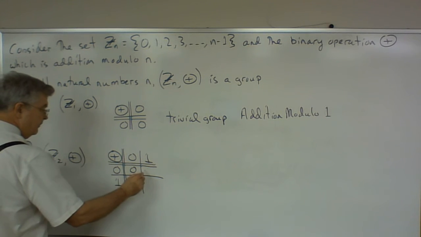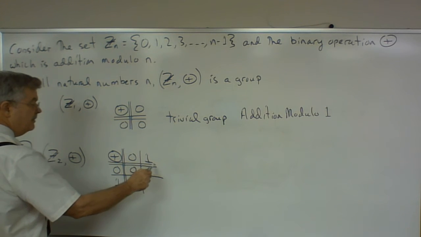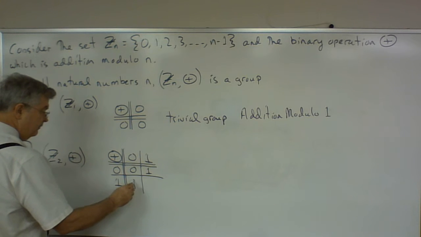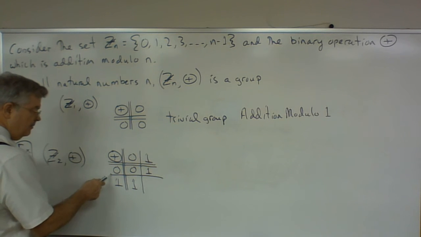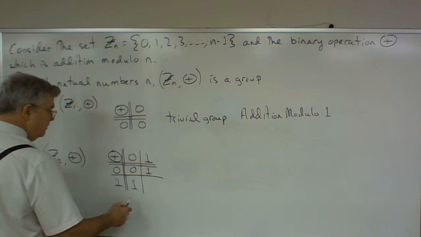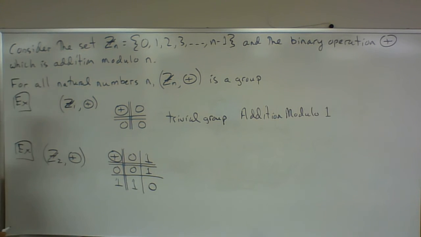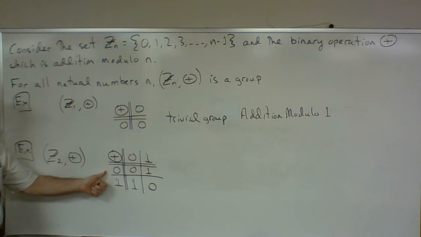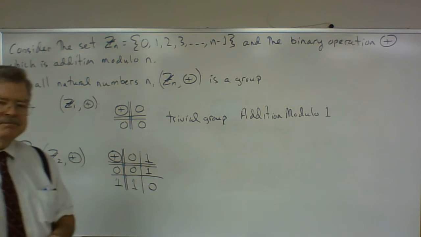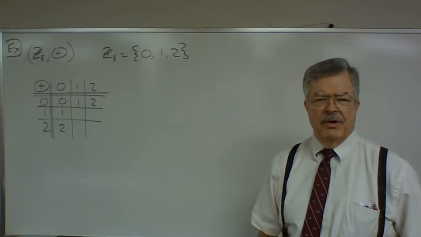Zero is the identity. So the first row is going to be exactly the same as the row of column headers above. And the first column is going to be the same as the column of row headers to the left. And modulo 2, 1 plus 1 is 2, but that's congruent to 0 modulo 2. Here's the group table of Z sub 2 under addition modulo 2.